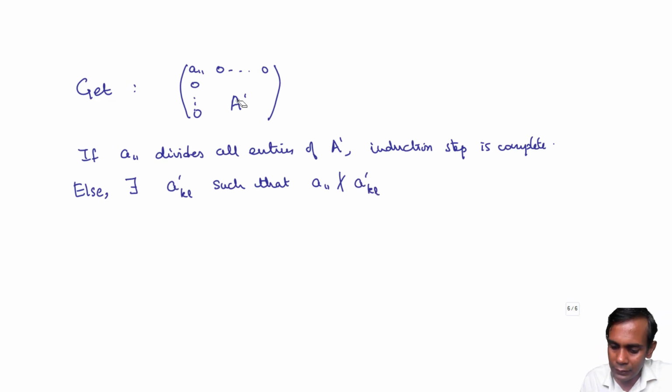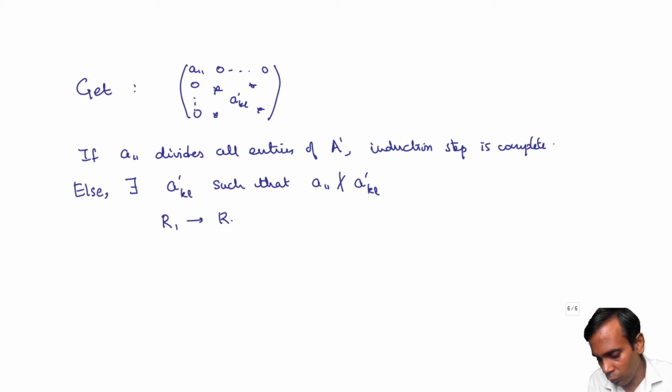So what we have is that somewhere in this mess we have this entry A prime KL, and we have all kinds of stuff over here, and this entry A prime KL is such that it's not divisible by A11. So what you can do is, say, R1 goes to R1 plus RK.